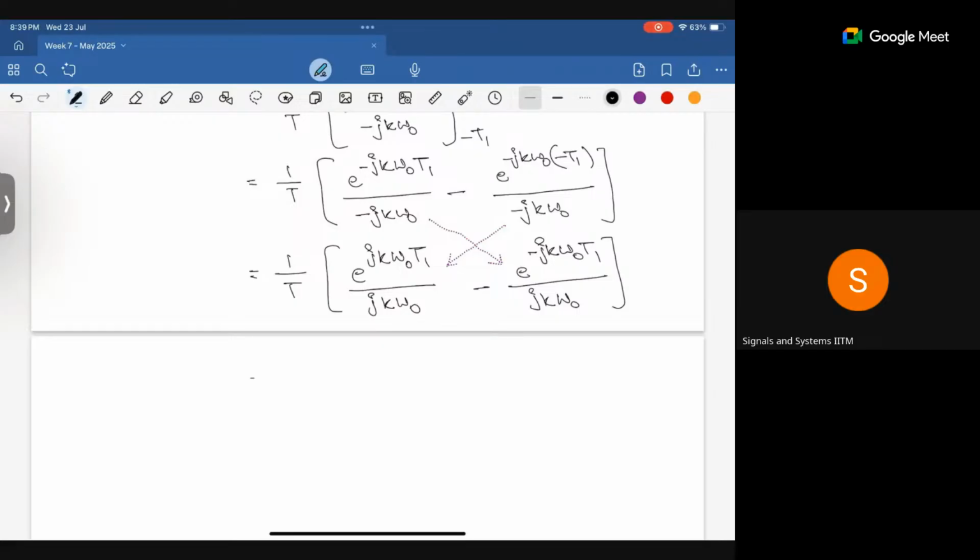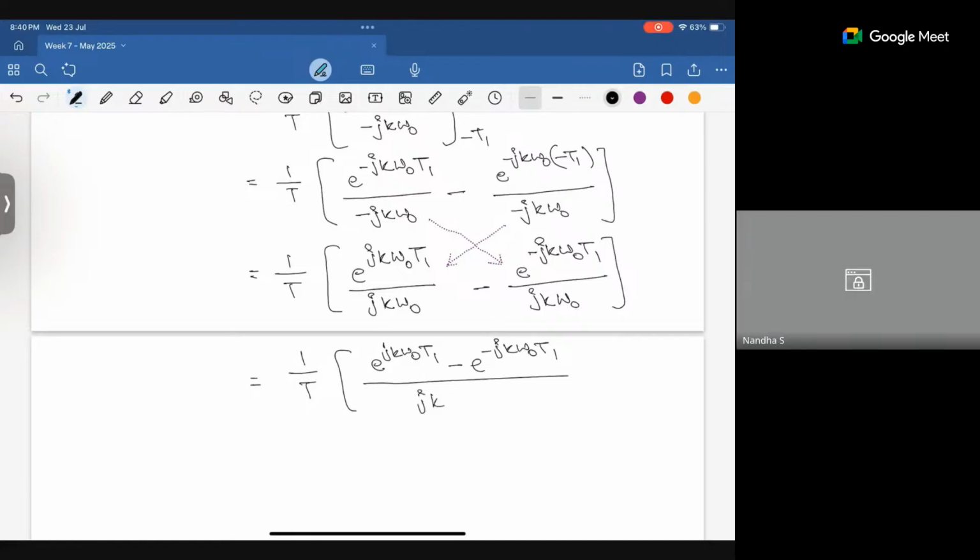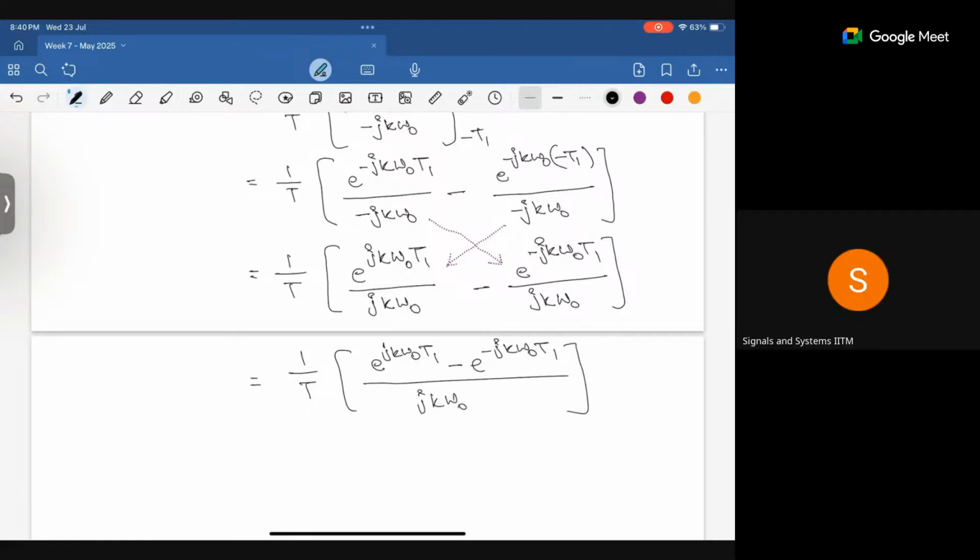Right, so this expression, the numerator, we just saw that. So e power j k omega naught T1 minus e power minus j k omega naught T1, what will it be? No, the numerator. So e power j theta minus e power minus j theta, where theta is k omega naught T1. So what will the resultant be in the numerator?